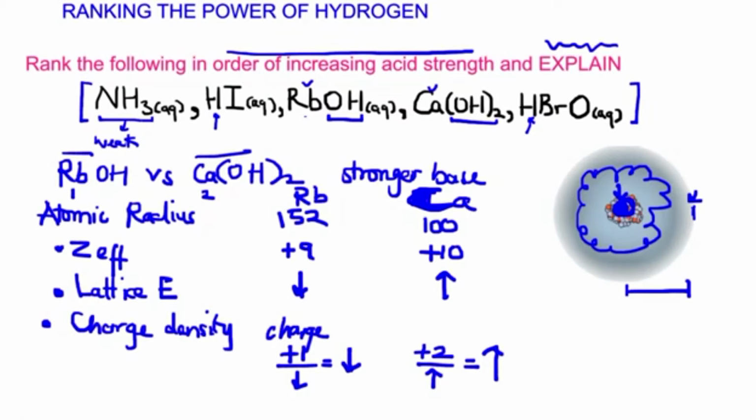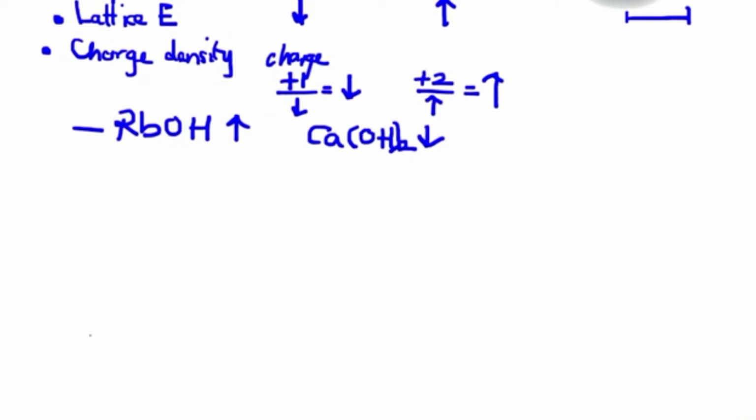So as a result, rubidium will have a higher pH because the dissociation will be greater than that of calcium hydroxide. Rubidium hydroxide dissociates to form hydroxide ion, which is released quicker than calcium, which is a little bit slower in that process of dissociation.